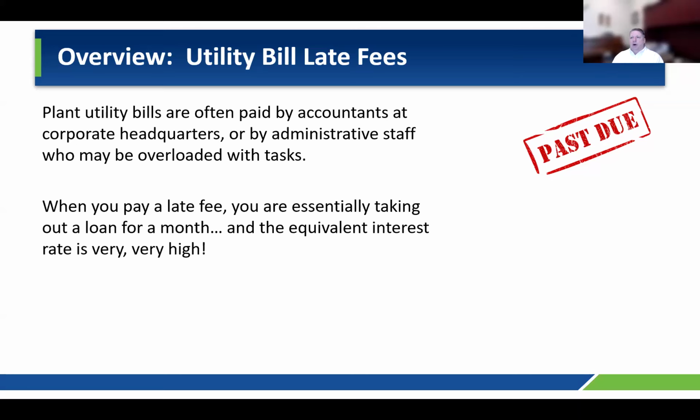But then if your utility charges you a late fee, essentially you're taking out a short-term loan. And for the plant manager, even if this may not be directly under your responsibility, this is going to come into play in her budget for the year in some form. And so this is something you want to be aware of, are your bills being paid on time or not?